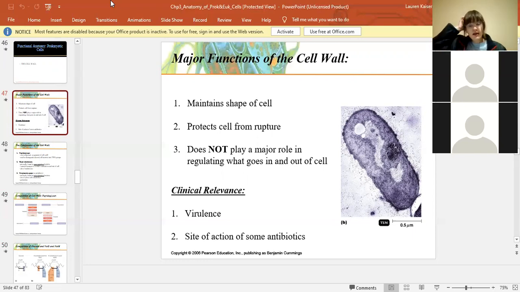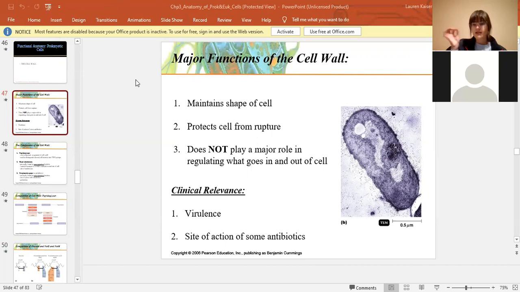Yeah, how did your streaking for isolation go? I know I saw Mondays, but I didn't see Tuesdays. How did that go for everybody? Were you guys able to see some nice isolated colonies? But how were your isolated colonies? No shame if it didn't work out.